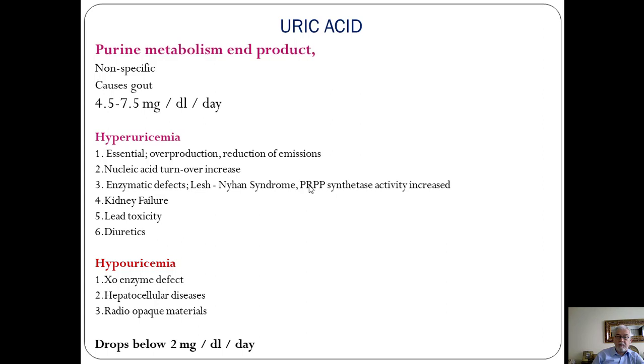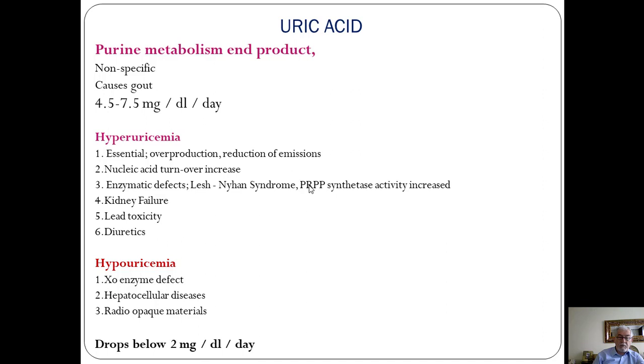And PRPP synthase activity also causes increased hyperuricemia, kidney failure, lead toxicity, and some diuretics cause hyperuricemia. Also, if uric acid synthesis is blocked, it depends generally on xanthine oxidase enzyme genetic problems.